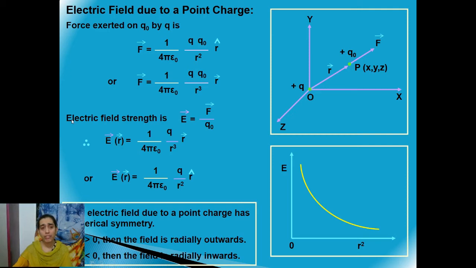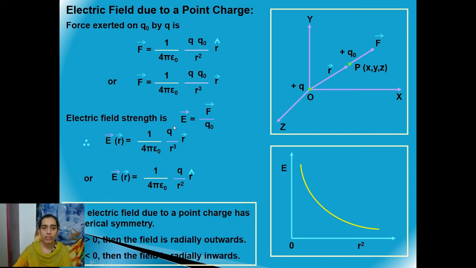Now according to the definition of electric field intensity, we know that vector E can be expressed as vector F divided by q naught, that is electric field intensity or field strength is force per unit positive charge. So substituting the value of vector F from the above equation, we will get the expression for electric field strength, vector E is equal to 1 over 4 pi epsilon naught q divided by r cube into vector r.